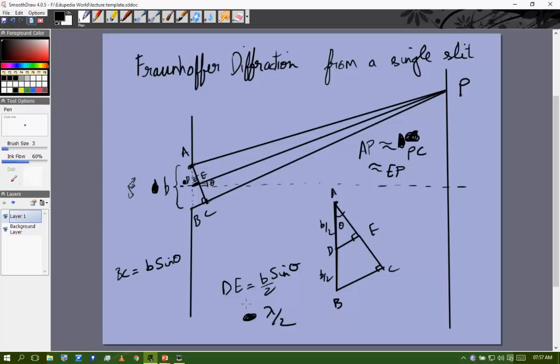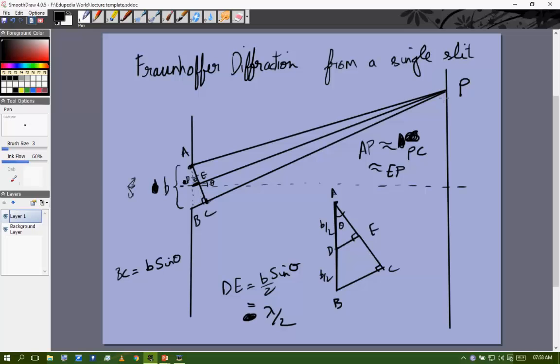We'll just take lambda by 2 for the smallest case, but any n plus half lambda by 2 would give destructive interference. So let's assume that B sine theta by 2 is equal to lambda by 2. In that case, the path difference between a wave created at A and a wave created at D would be lambda by 2. So A and D would destructively interfere by the time they reach P.